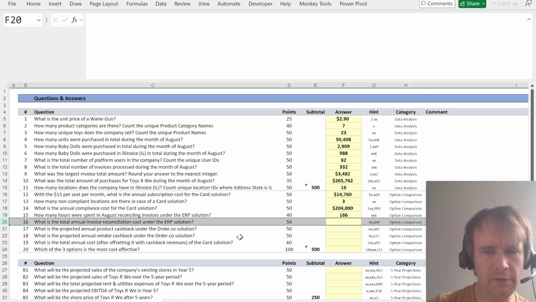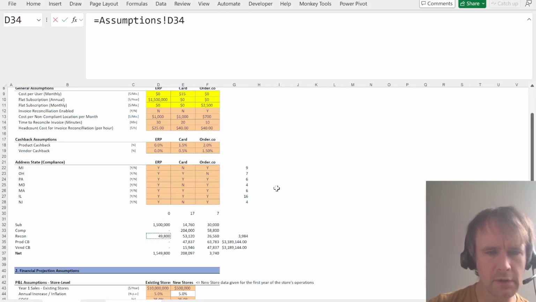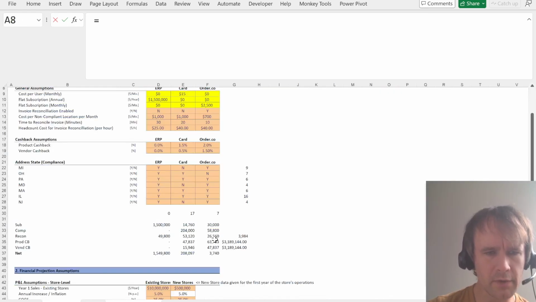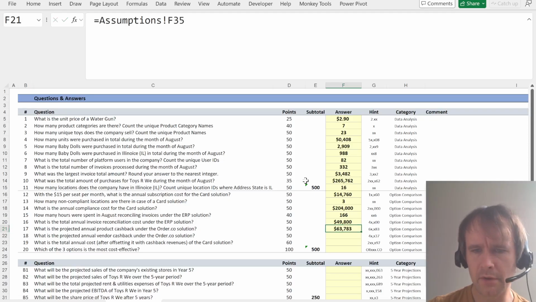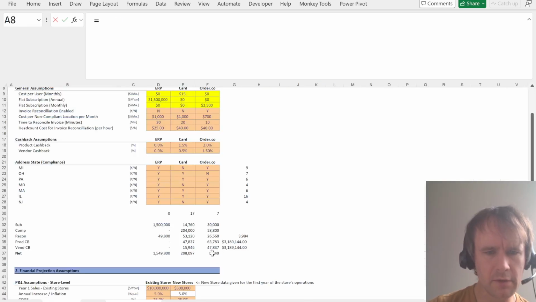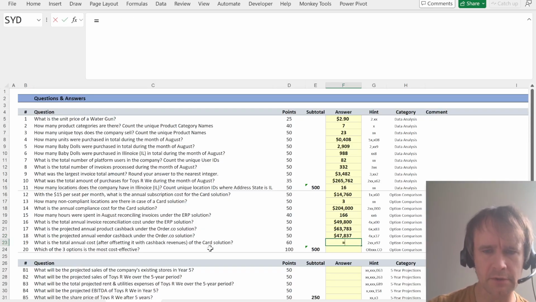What's the total annual invoice reconciliation cost under the ERP solution? That, yes, looks good. What is the projected annual product cashback under order product? Looks good. What are the projected annual vendor cashback under order? Yeah, looks good. What are the total annual cost after offsetting with cashback revenues of the card solution?